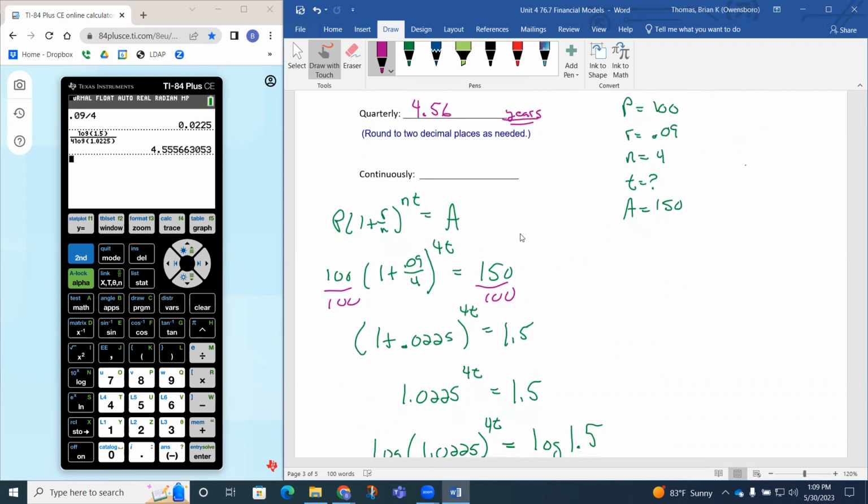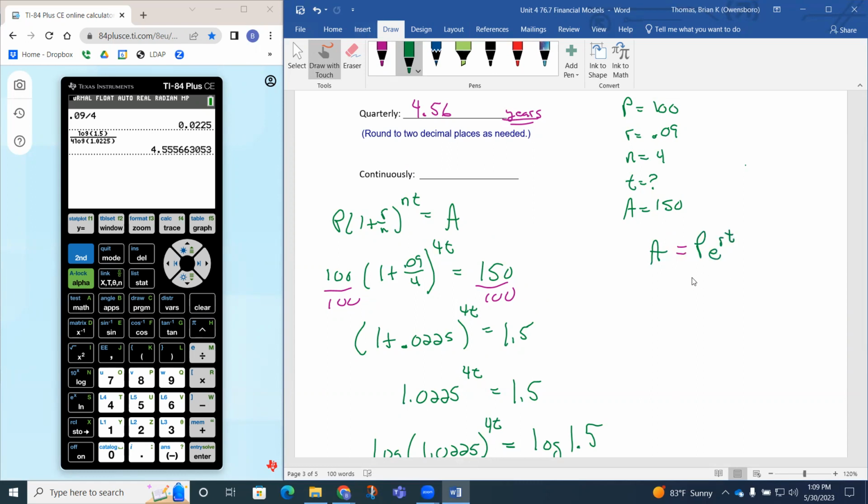Next question says, how long will it take if it's compounded continuously? Well, if I'm compounding continuously, we have P is equal to, I'm sorry, let's use the A formula. So the final amount, A is equal to P times e to the rt.